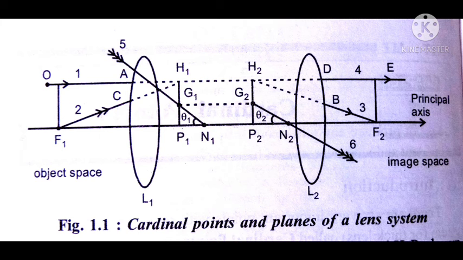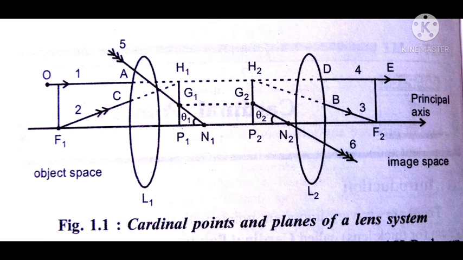It is incident on the lens L1 at capital A. From the F1 point, the light ray shown by double arrow is incident on lens L1. These two rays emerge from the lens L2 as BF2, and the second ray is the G2N2.